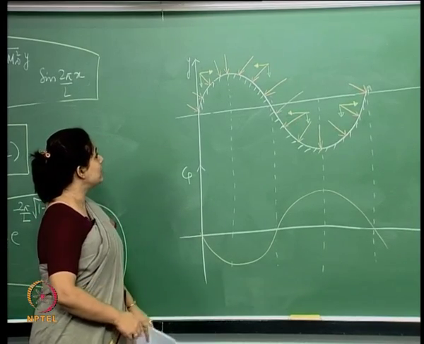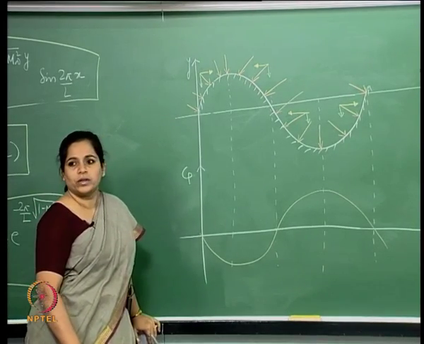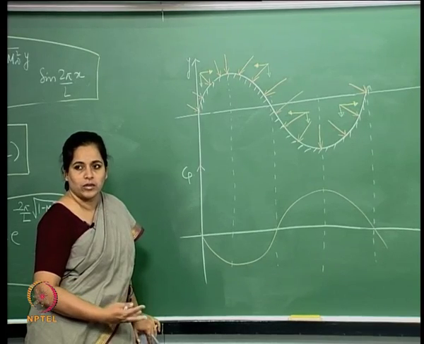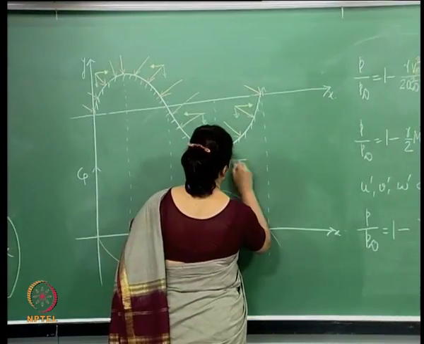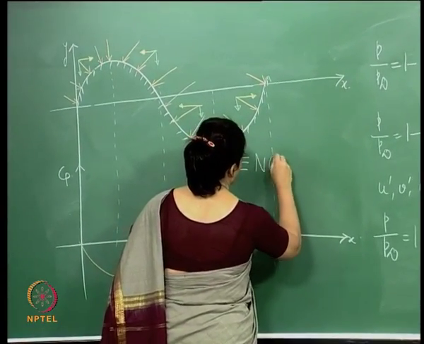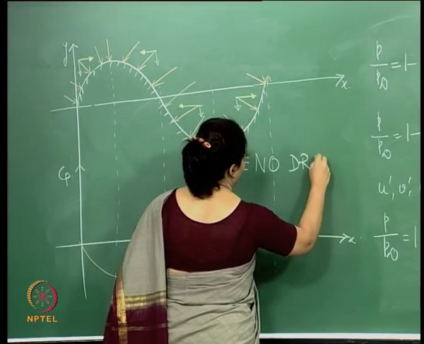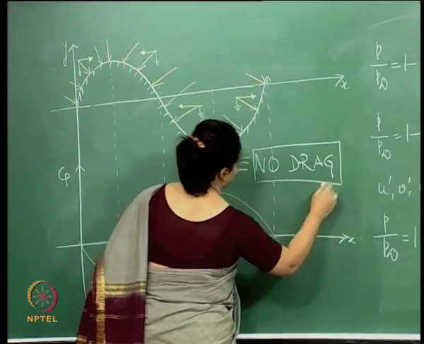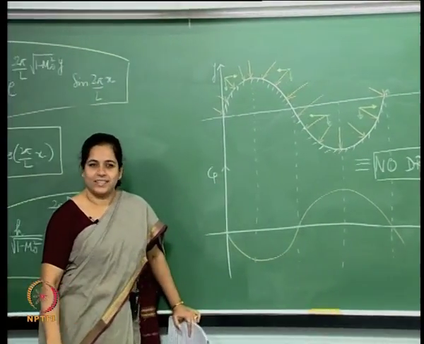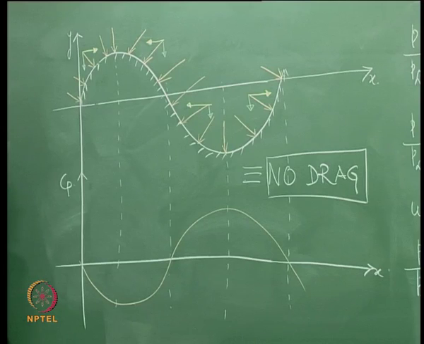If the horizontal components of the pressure cancel out, what does that mean physically? What this means physically is that there is no drag. Okay, that is what it means. So, that creates what we know as D'Alembert paradox.